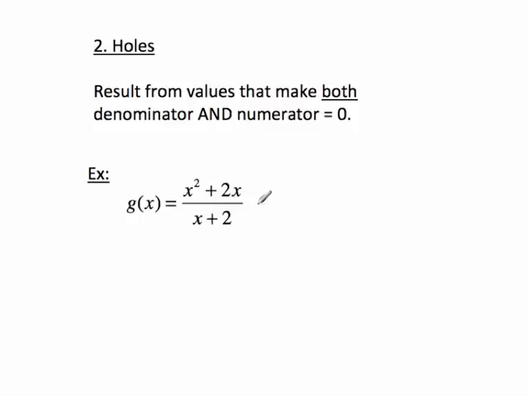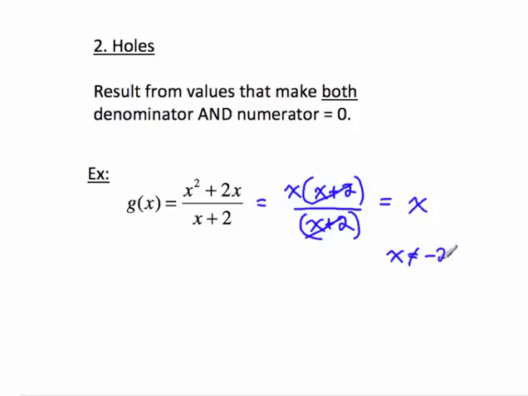If we wanted to simplify this function, we could factor an x out of the numerator, giving us x times x plus 2 over x plus 2, and now cancel or divide out the common x plus 2 factor, giving us x. Now, as we saw before when we were learning how to simplify rational expressions, we have to place the restriction that x cannot be equal to negative 2.